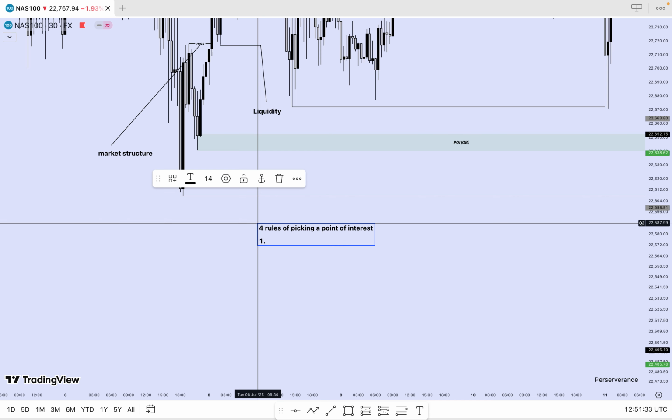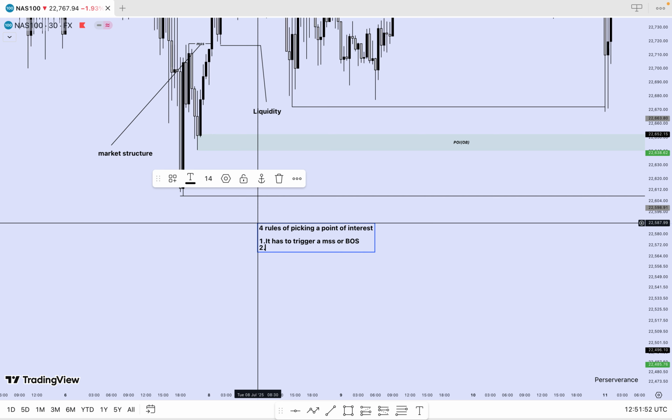The first one is it has to trigger a market structure shift or break of structure.